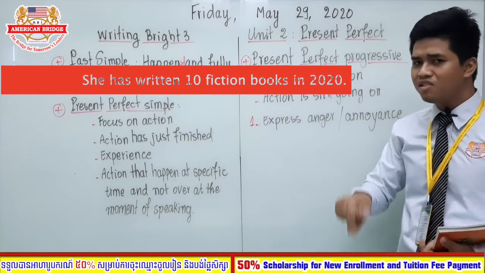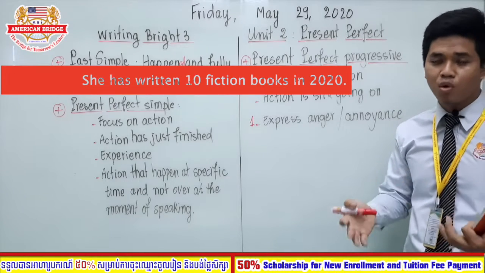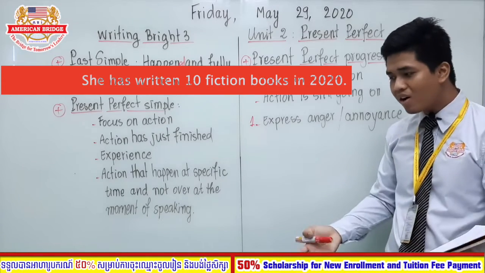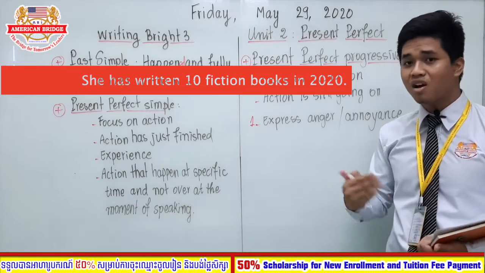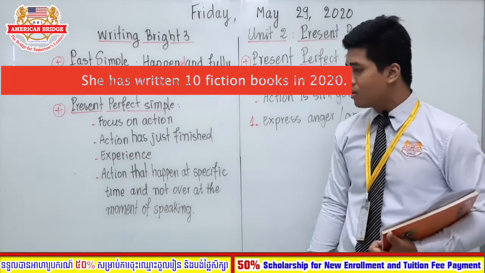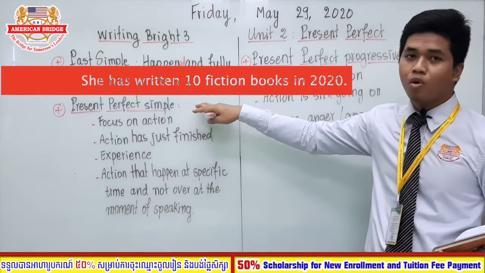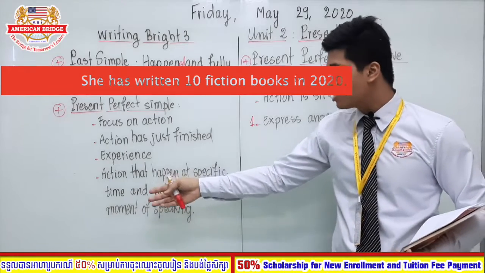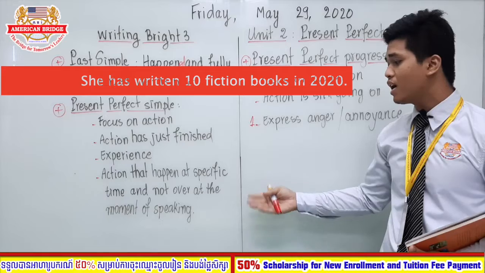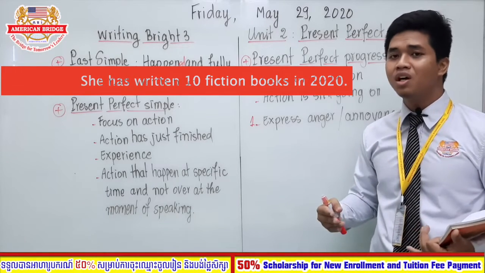So she has written 10 fiction books, which is finished already, but in 2020, and now it is still 2020, which means the time is not over yet. That is why we use present perfect simple, because the usage here is an action that happened at a specific time that is not over at the moment of speaking yet. She might still continue her writing.